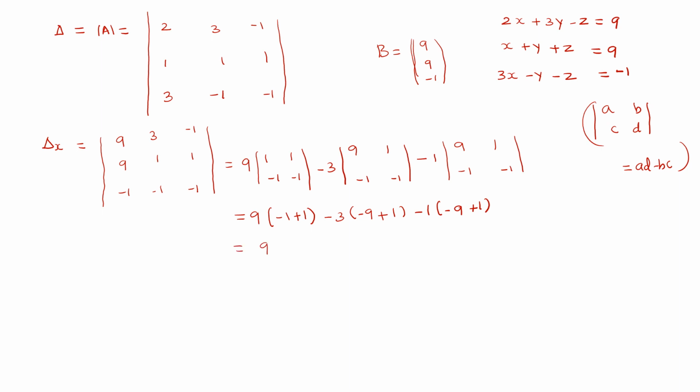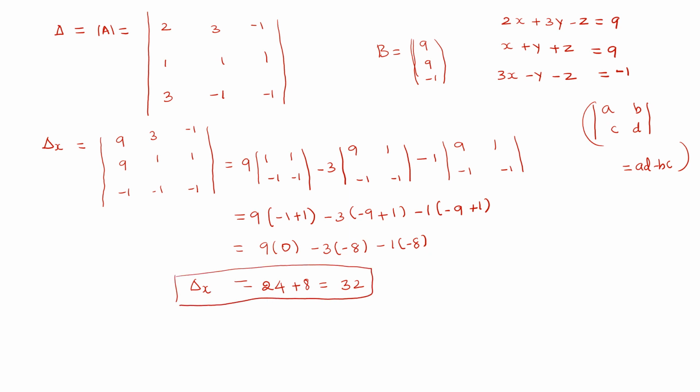So you get 9 times 0, and -3 times -8, and -1 times -8, which is 24 plus 8. So 24 plus 8 is 32. So the delta x value is 32.